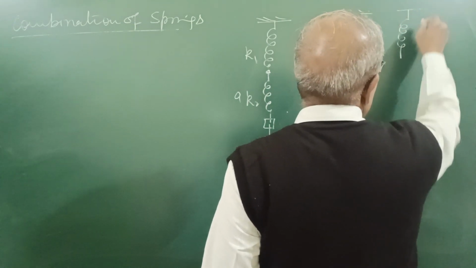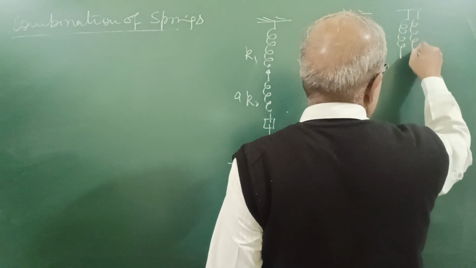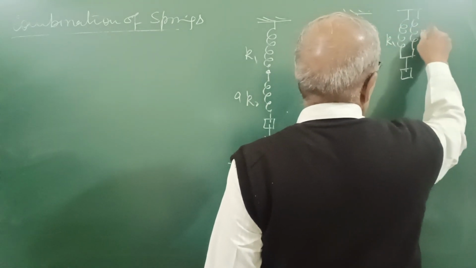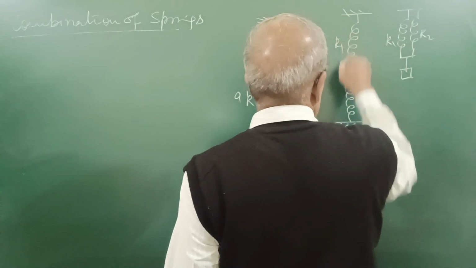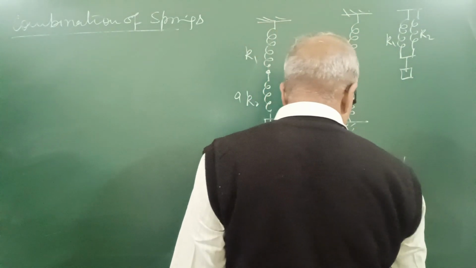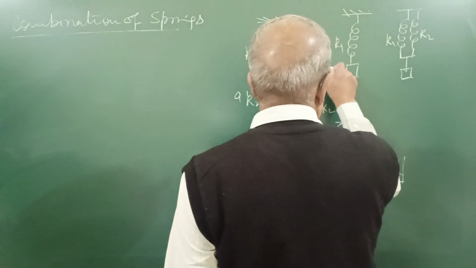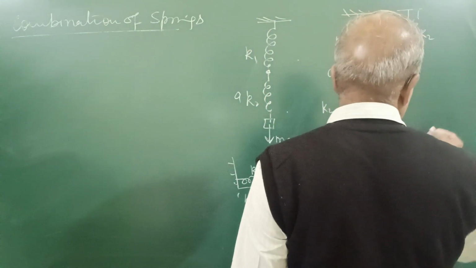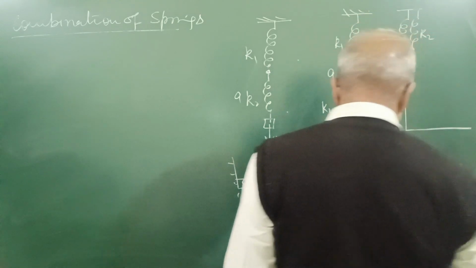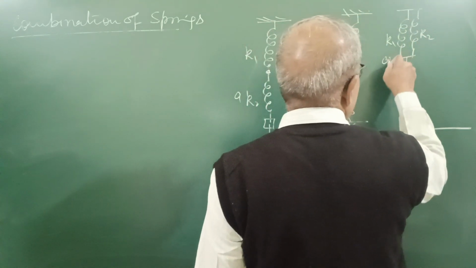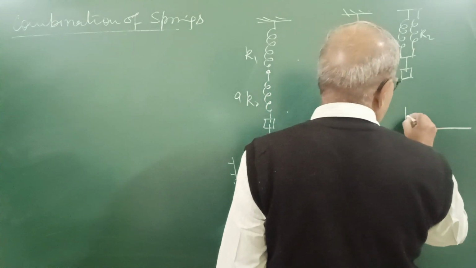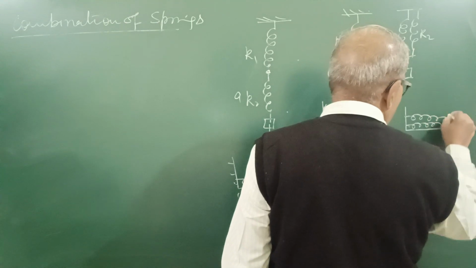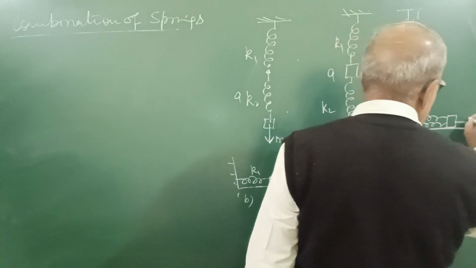Two springs are connected and the same mass is attached. k1, k2. This is figure 2, part A and part B. Here two springs are connected like this to the same mass.